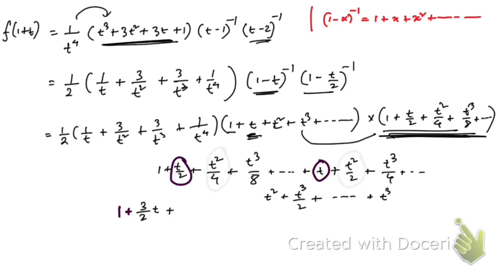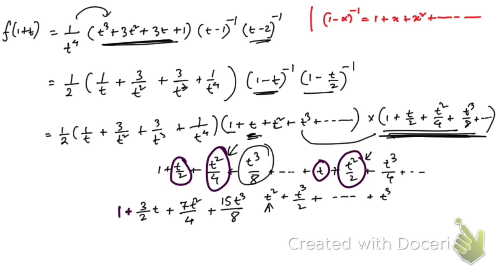Plus, then adding terms containing t square, this is t square, not this one. We're going to get 7t square by 4. Then similarly, we're going to have 15t cube by 8. If you add this one and this one, then you're going to get 15t cube by 8.